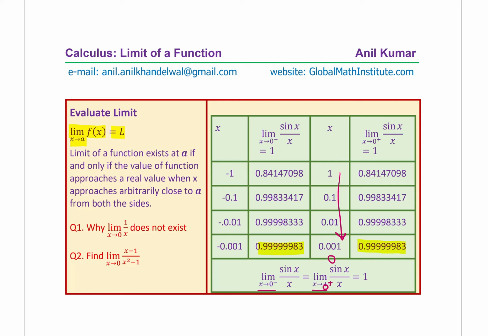Do you understand? Okay, and both ways we approach a value which is 0.999999, and that is 1, and therefore the limit of the function can be calculated as equal to 1. So you could see the limit of this particular function both ways.